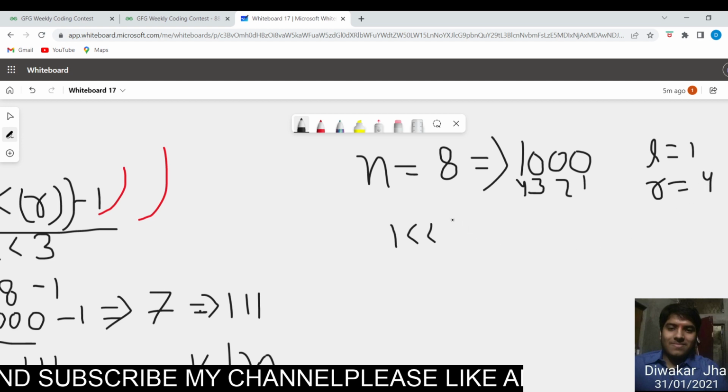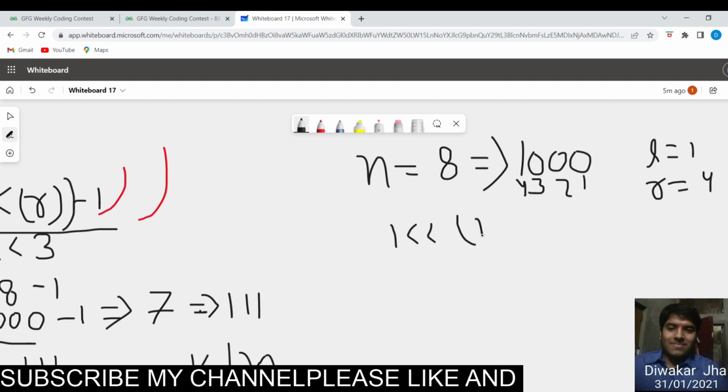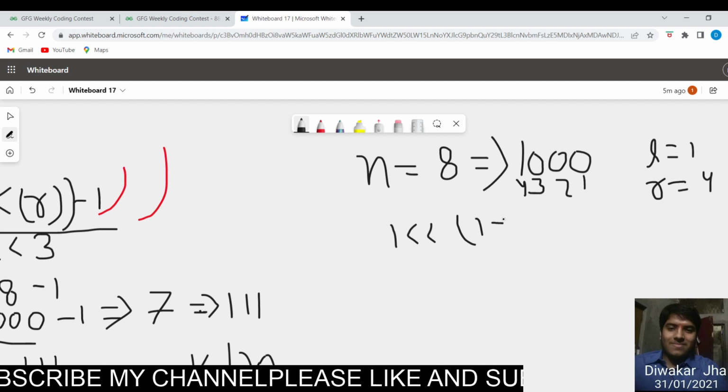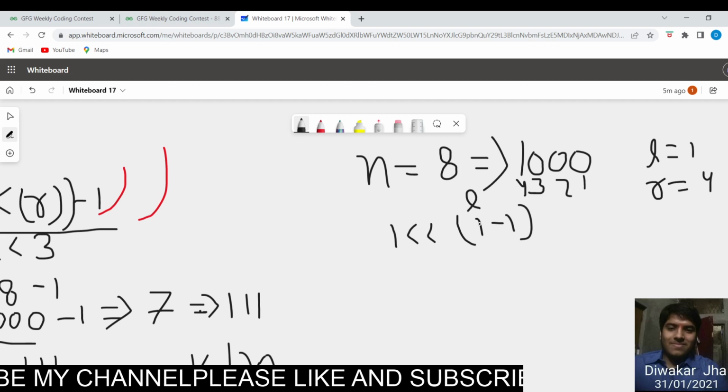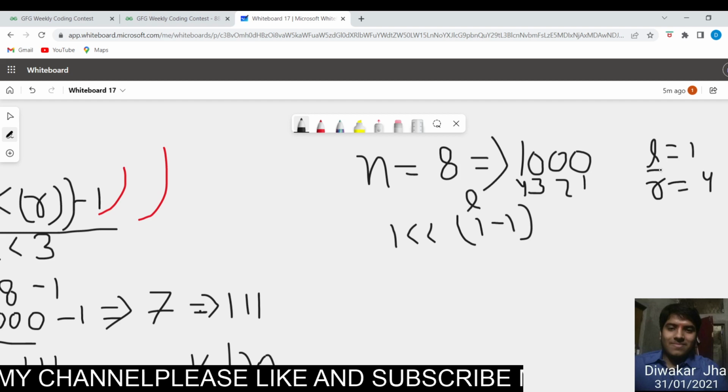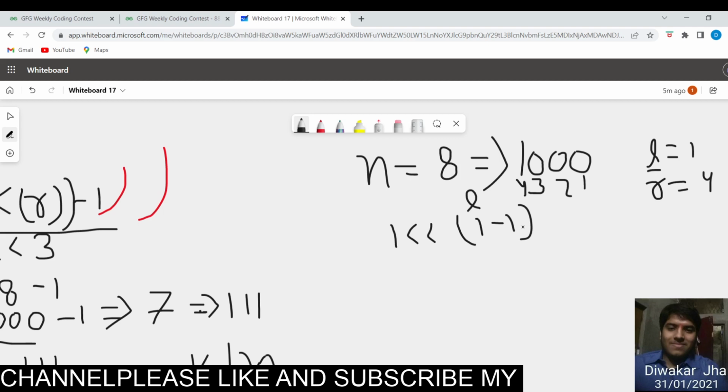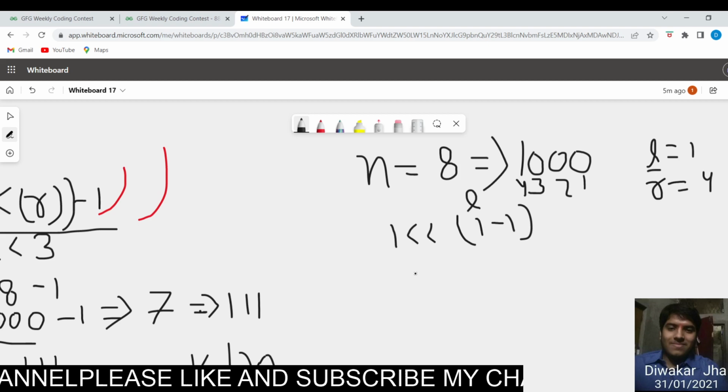Okay, so 1 minus 1, because of that L. Now here L is equal to 1. You know very well that 1 minus 1 is representing 0.